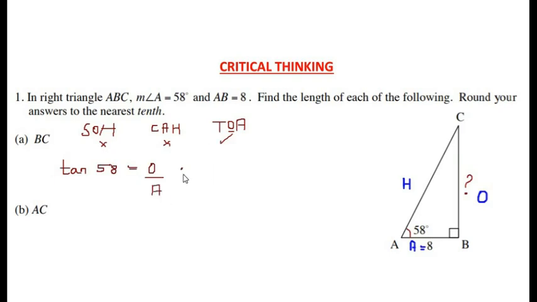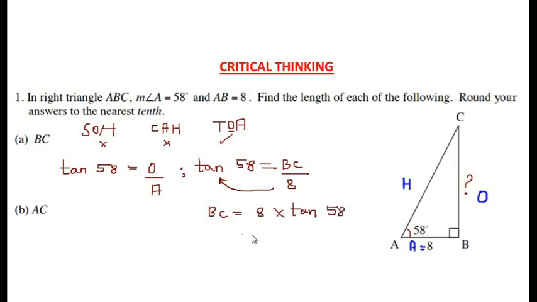So here we have tan of 58 equals, the opposite side is BC, divided by the adjacent side, which is 8. To find BC, we just multiply the 8 with tan 58. So BC is equal to 8 times tan 58.